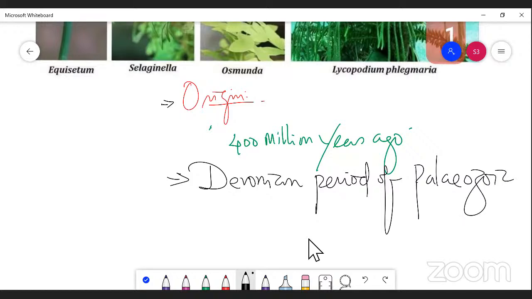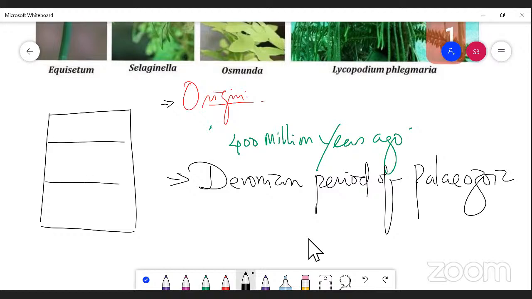So when you take the geological time scale, actually, the geological time scale is a scale that indicates the age of the Earth, right? Now the geological time scale consists of mainly three eras, right? They are the Paleozoic era, the first one, the Mesozoic era, the second one, and the Cenozoic era, the third category.